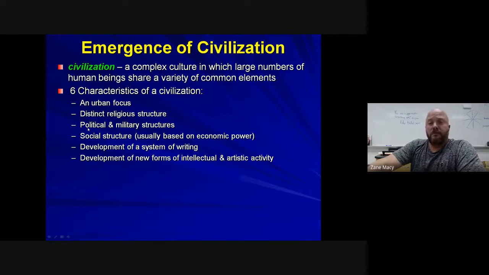You start to see political and military structures. There's going to be a political structure, a pecking order of who's in charge, what groups are above the others, social structure, political structure, military structure. As you start to have these settlements and they start stockpiling resources, food, there are going to be other groups that don't have those resources.